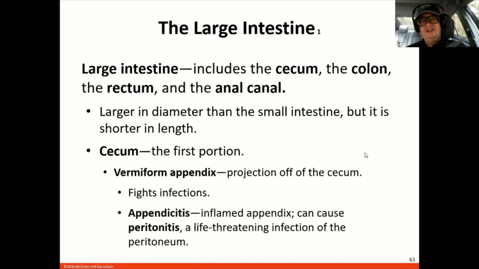Hindgut fermentation means we didn't do a good job breaking the food down in the stomach and intestines. We'll break it down now. And so before most of the large intestine, they will pack food into there with bacteria to break it down further.